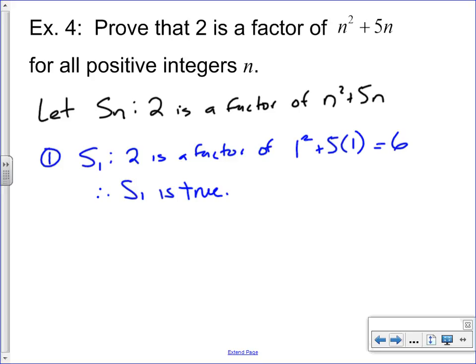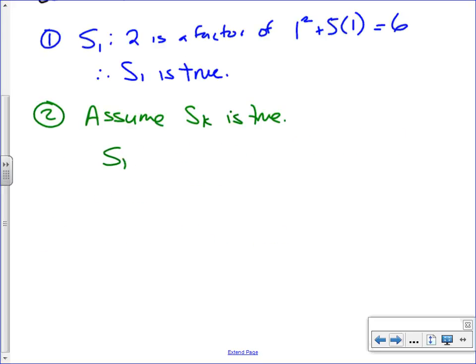This one's a little different because it doesn't have all of the pluses written out. This will show you the changes. Step 2. Assume Sk is true. And let Sk be: 2 is a factor of k squared plus 5k.